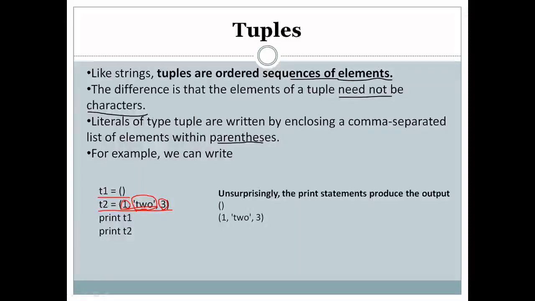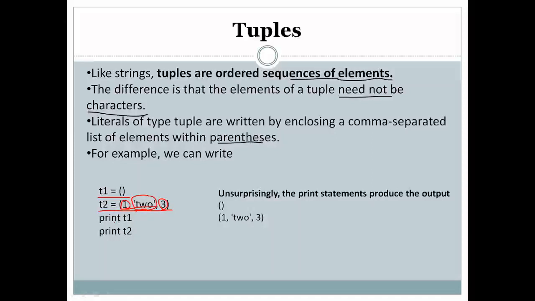So a tuple, as I've said, may contain elements of any type: int, float, or even string. We have created two tuples here, one that is empty and a second one having 3 different values.